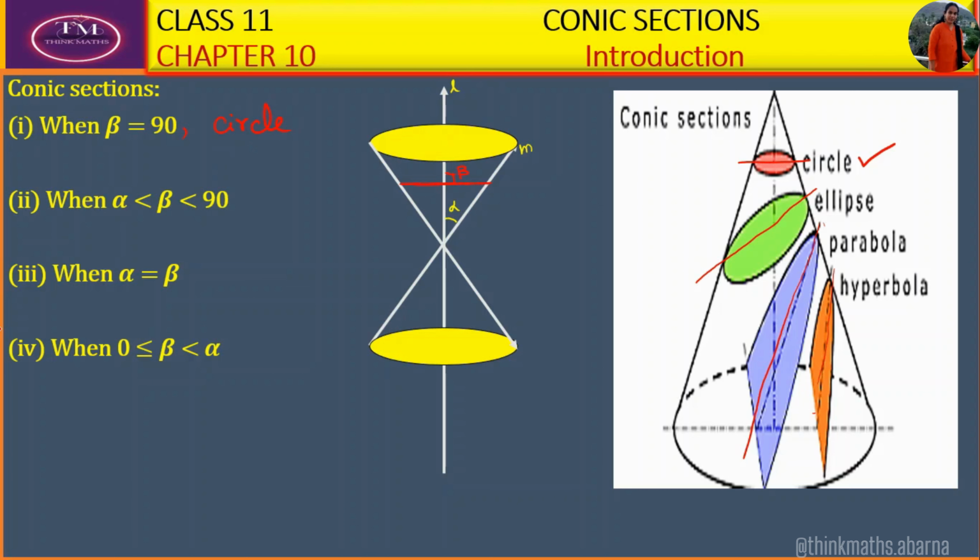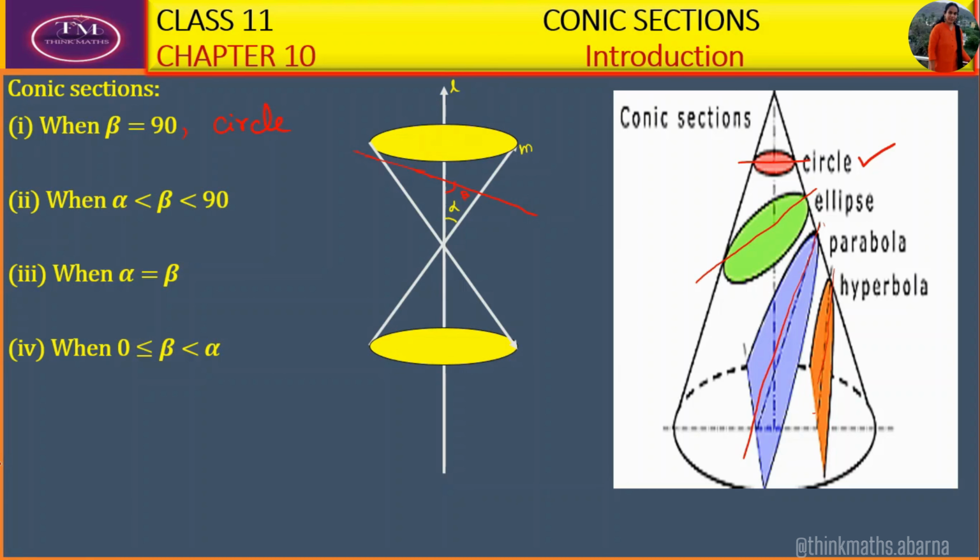Now let me erase this. When alpha is less than beta and beta is less than 90 degrees, that is, if you cut this way, this angle is beta.